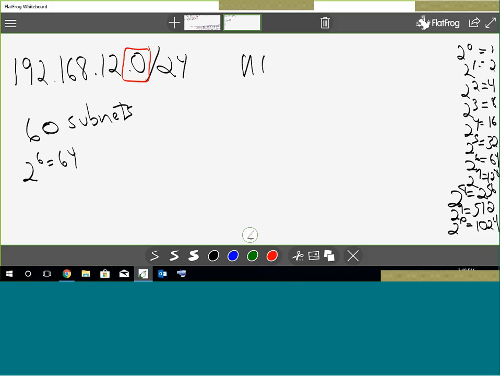1, 2, 3, 4, 5, 6, 7, 8. All right. What's my new mask? It's not /24 anymore. It's a /30, right? Because we got 24 bits in the mask to begin with, because it's /24 plus these 6. Right. So our new mask is 255.255.255.252.